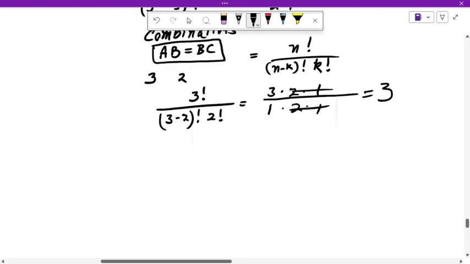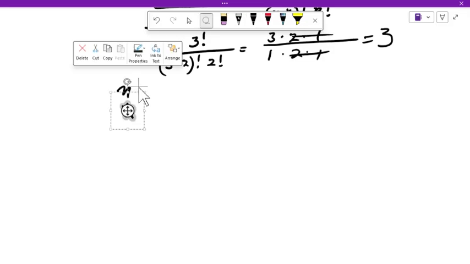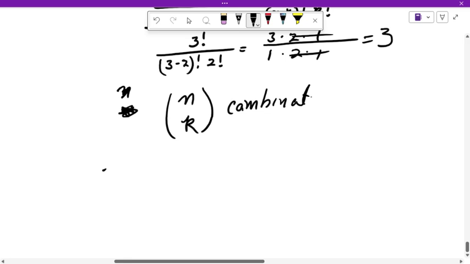What we want to have is how many ways n things taken k at a time. N things taken k at a time, and this is combinations. This is the way it's written in statistics: n things taken k at a time, and I put brackets around it. On a calculator, it's nCk.